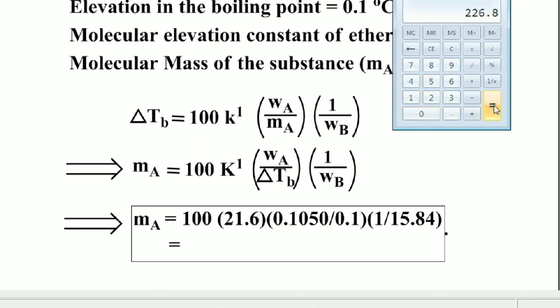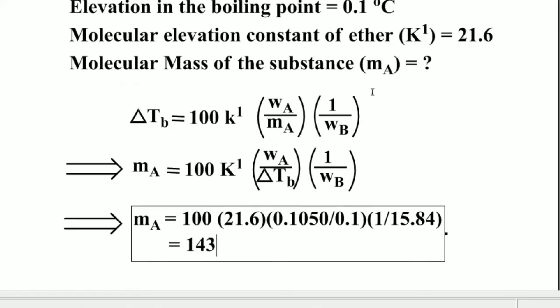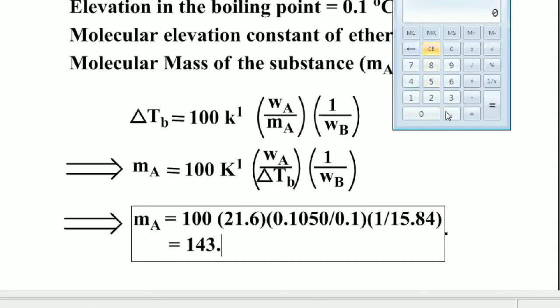We get 2268 divided by 0.1, we get 22680 divided by 15.84. Now we get the molecular mass of the substance as 143.81. One minute, students, we can check one more time.